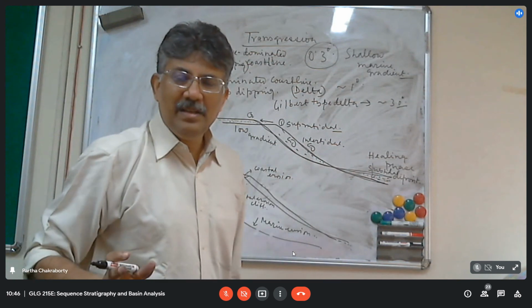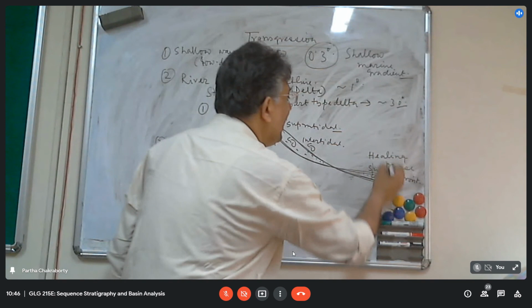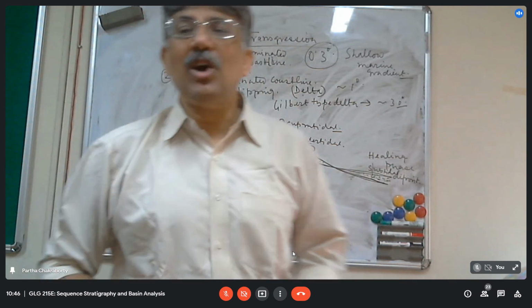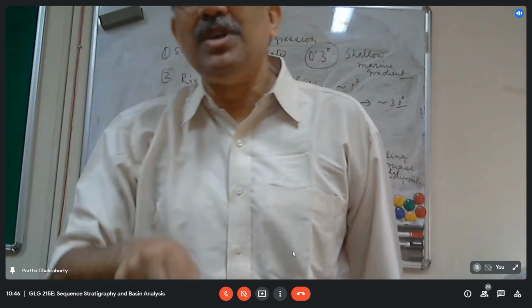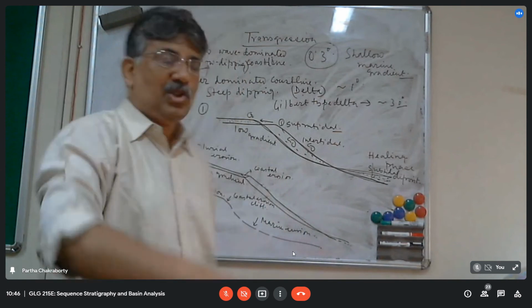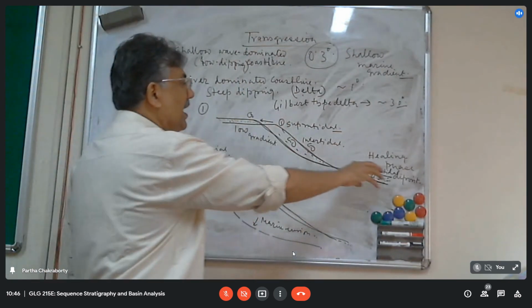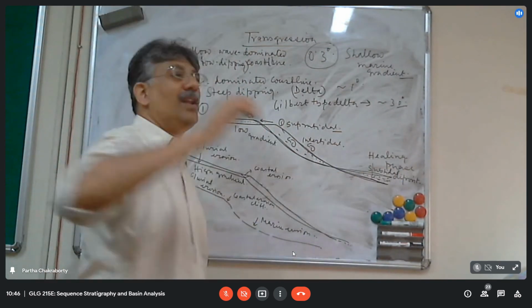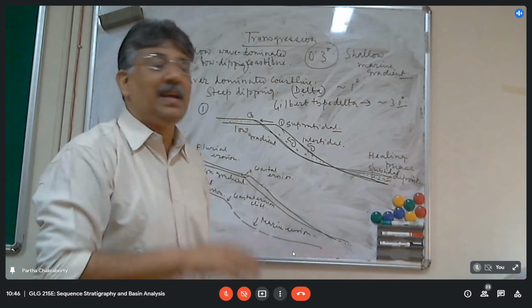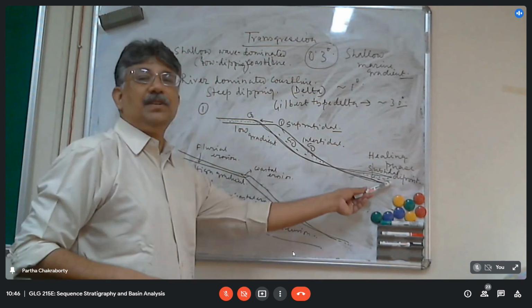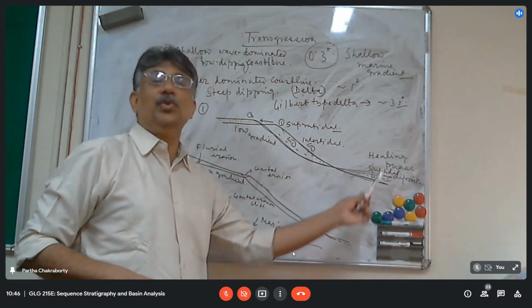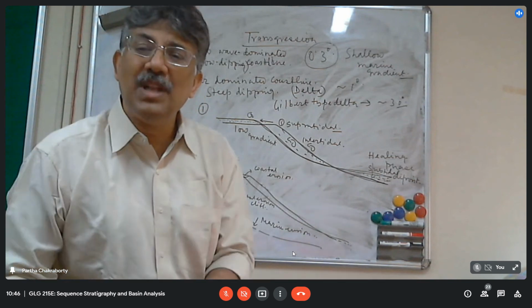Am I clear? This is called healing phase deposit, which is associated with transgression. So the wave is eroding and depositing the material in the lower intertidal or subtidal part, calling it a healing phase deposit and changing the entire equilibrium profile of the coastline.